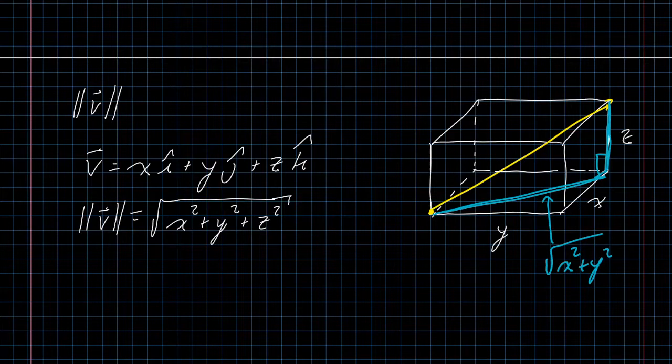So take some time, try to visualize, try to graph it if you need to, to convince yourself that yes, if we have a rectangular prism, if we have a box and we have x, y, and z labeled like this, and we draw that line across the bottom, it has length root x squared plus y squared, and then convince yourself that that gives you another right triangle, and convince yourself that the root of the rest of that thing is x squared plus y squared plus z squared to get the length of the yellow line.